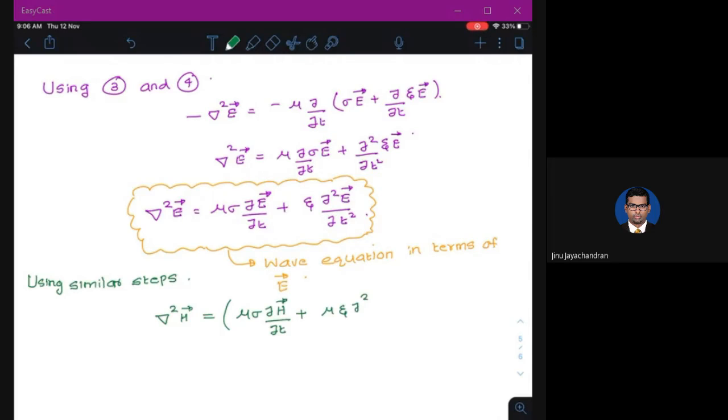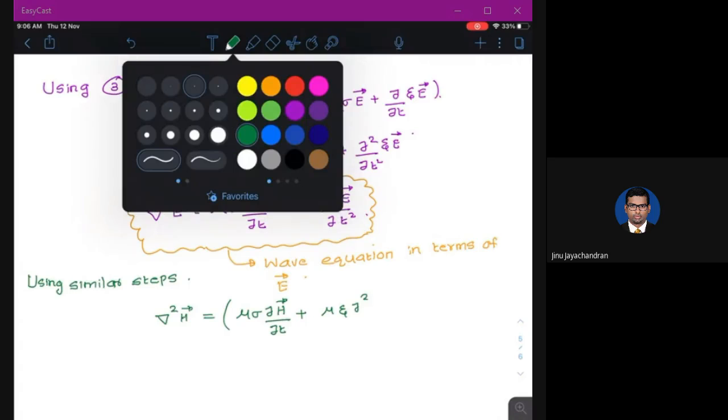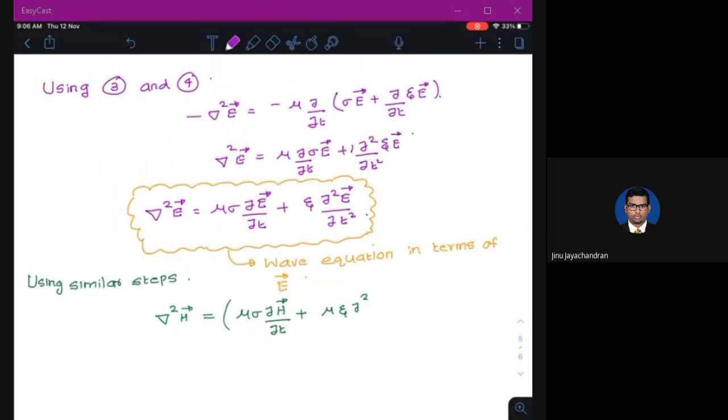Sorry, there is a mu which I missed in the first equation. There is a mu here because you take mu inside the bracket. Mu epsilon dou square H by dou T square. And this is the wave equation in terms of the magnetic field.